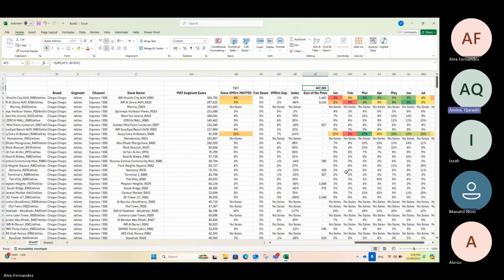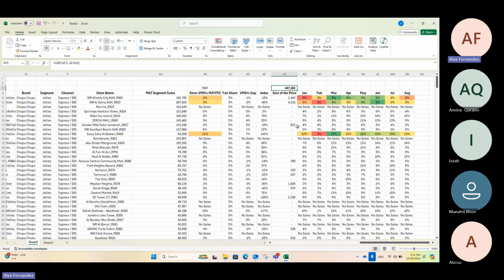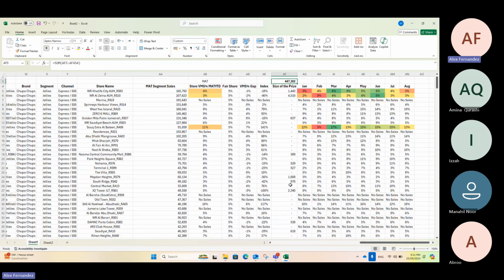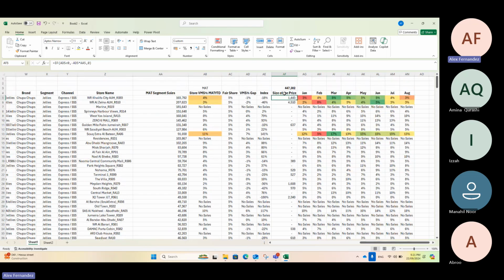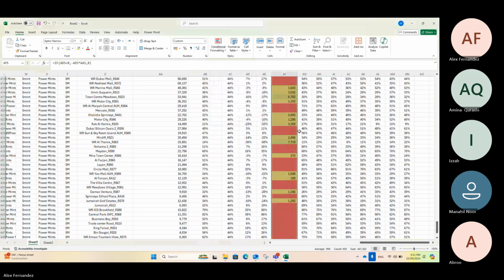This is interesting, you are also telling them how much gain they will get if they improve from under indexation. Absolutely. And this is how we quantify to them that fixing these under indexed stores will generate for you this much value. And your effort and focus should go to the stores that are, for example, let's do just here.